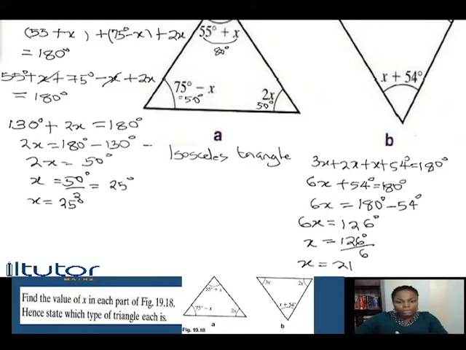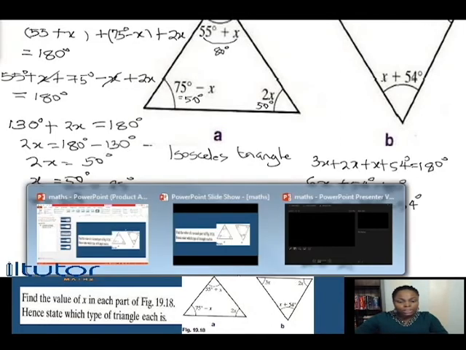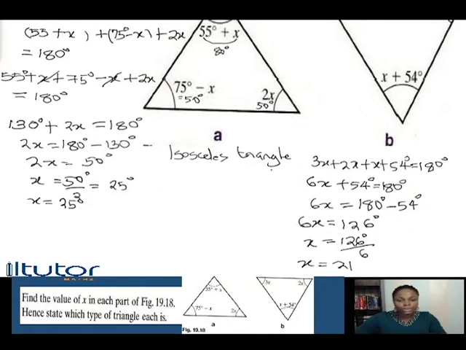Let's be sure everything is accurate. 2x, 3x, 5x, 6x. Okay, so we have 21 degrees. Let's input the value of x into the triangle and see.